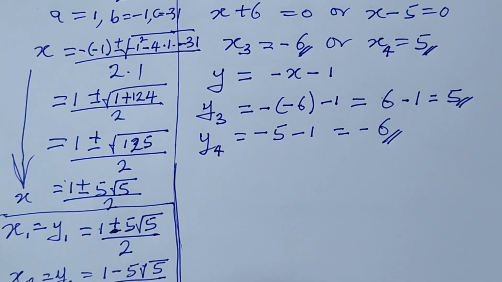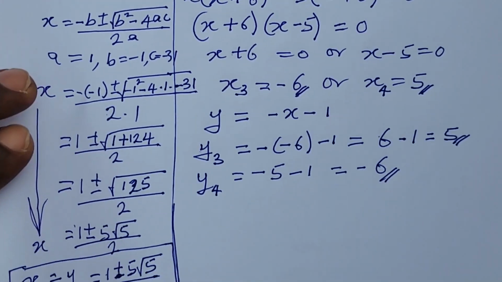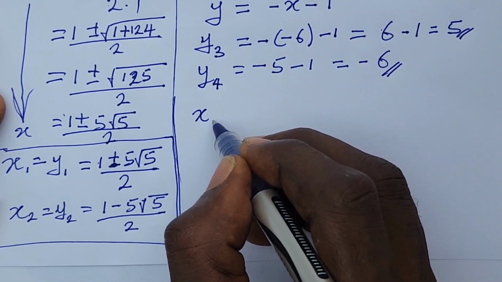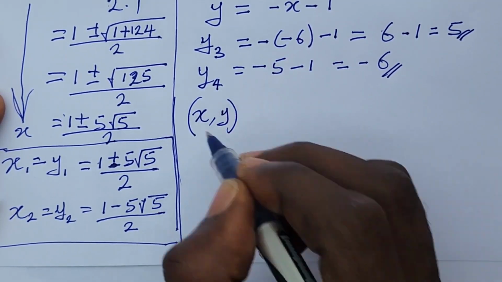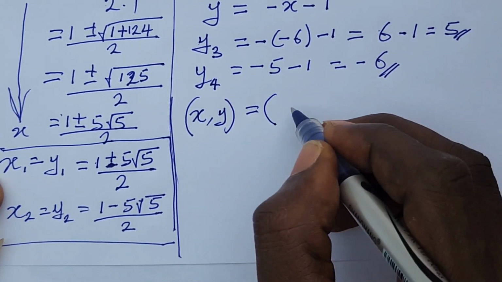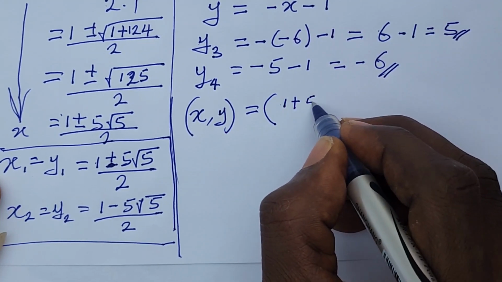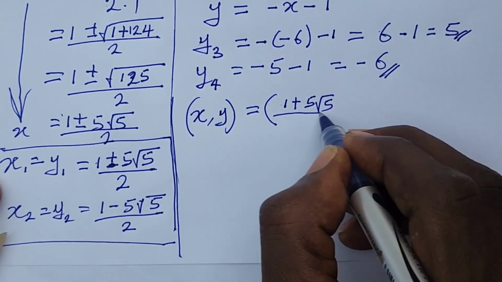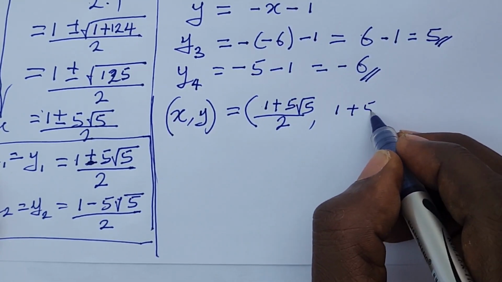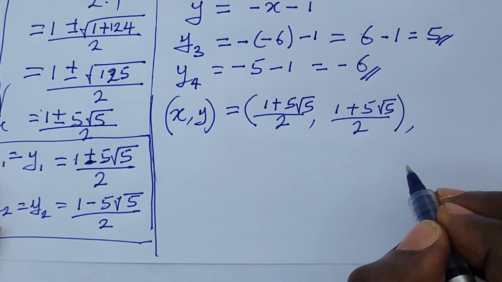So in all, we can bring out all the pairs of x and y that will satisfy this system of equations. So therefore, we can say here that our x, comma y, the first one we solved for, is equal to 1 plus 5 root 5 all over 2, comma, 1 plus 5 root 5 all over 2, close bracket, comma.